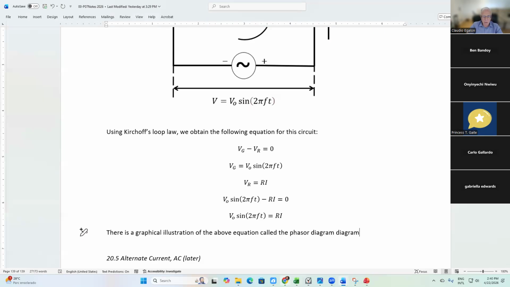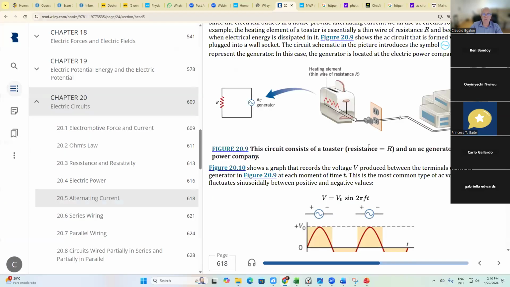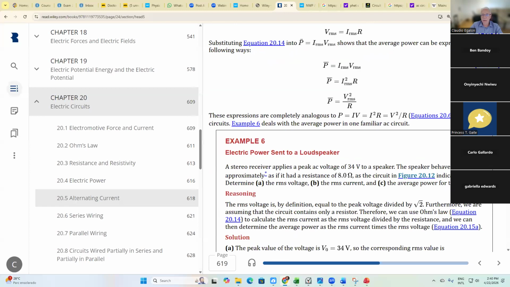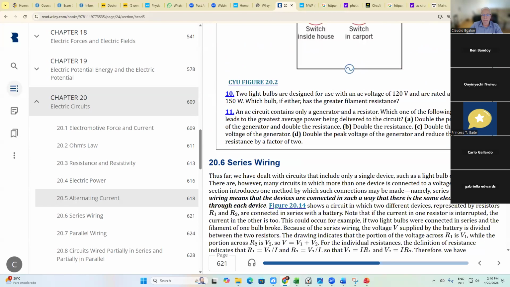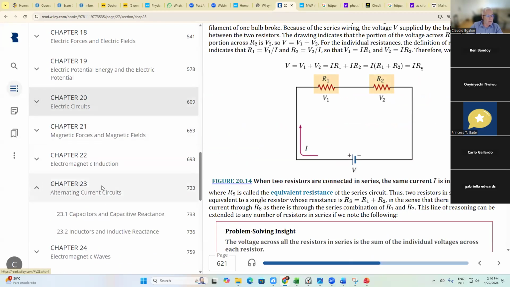Let's take a look at the book. I want to make sure that it covered the phasor diagram as well. Let's see. Okay, it's not here, the phasor diagram. Let's see if it's in here.